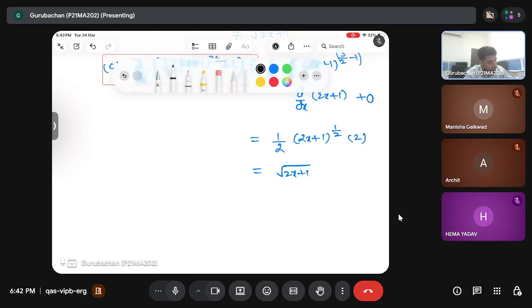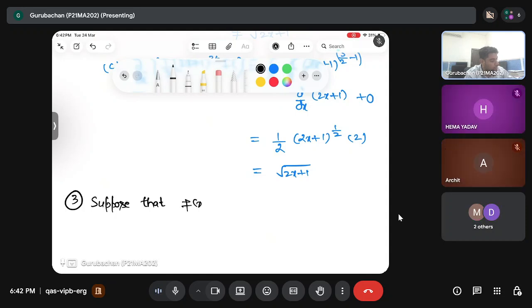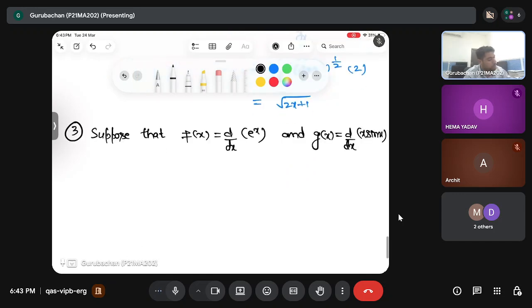Now, let us do one last question related to this indefinite integral. Suppose that f(x) is equal to differentiation of e to the power x and g(x) is equal to differentiation of x sin x.